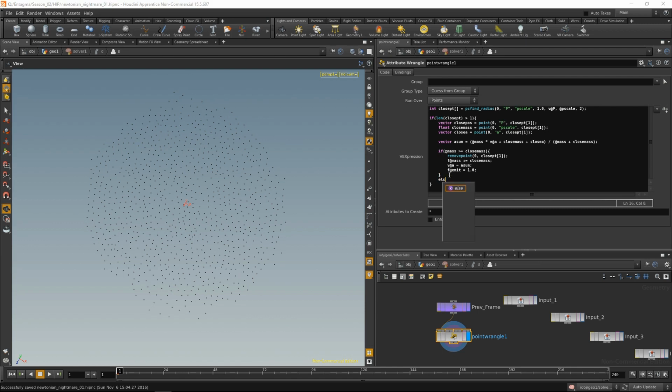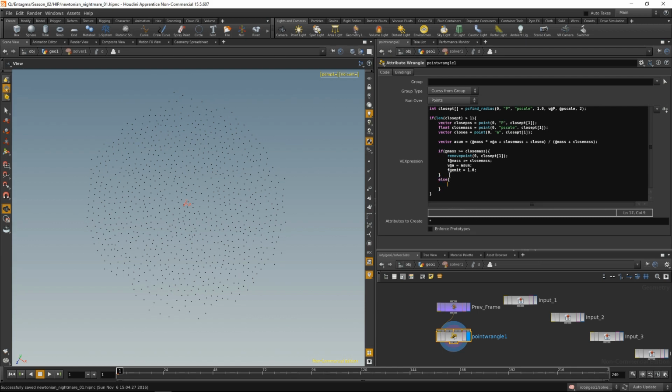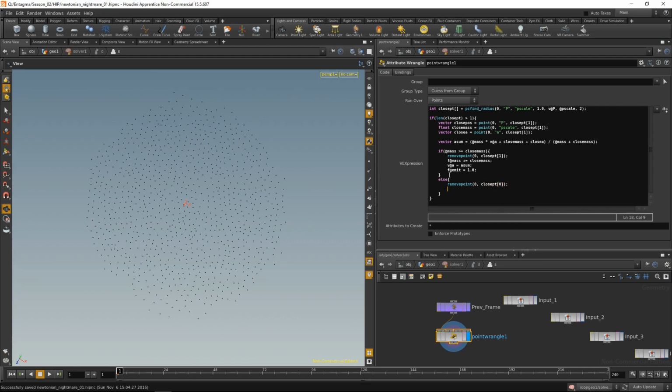For the other case, let's remove the other point and update my colliding particle's attributes. This time we have to use the a bit more complex set point attrib syntax, as we're not working on our current point now, but on the other colliding particle.